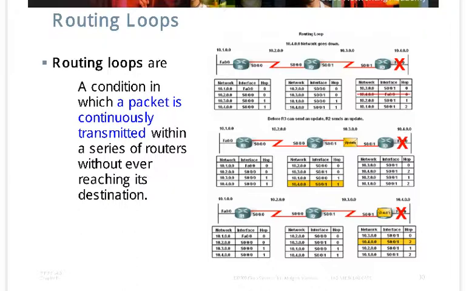It will add this route to the table by mistake, and it will increment the metric to become 2, assuming that if I send a packet to router 2 it will be able to deliver this message to this destination. That's what it told me, right? It told me that I can get you to this destination with a hop count of 1.